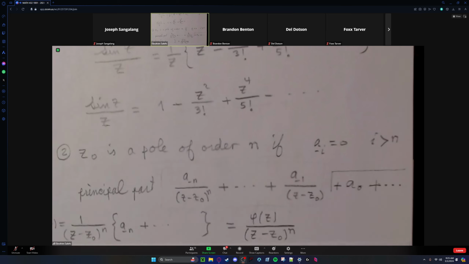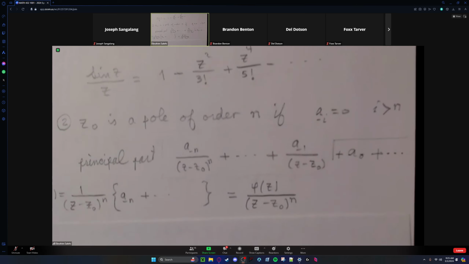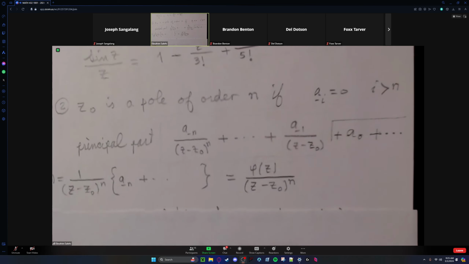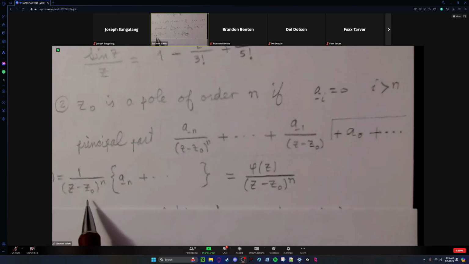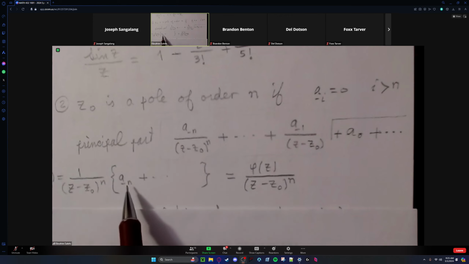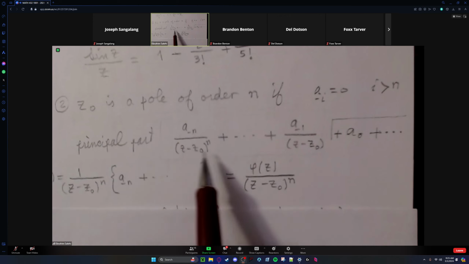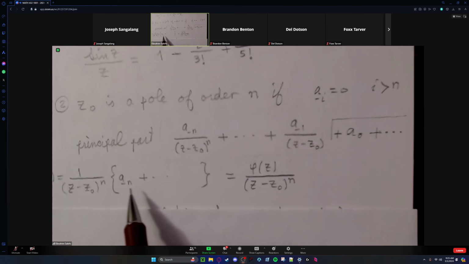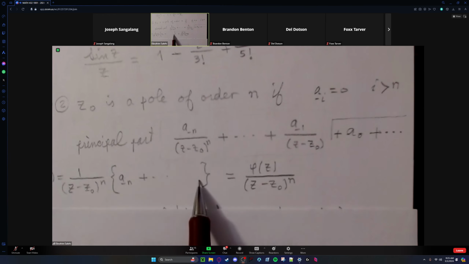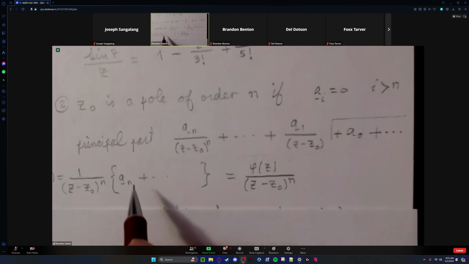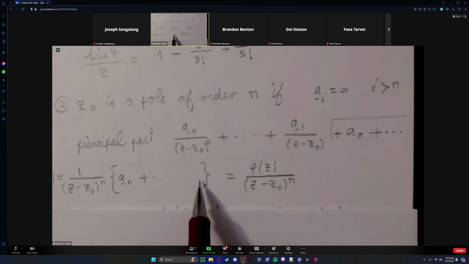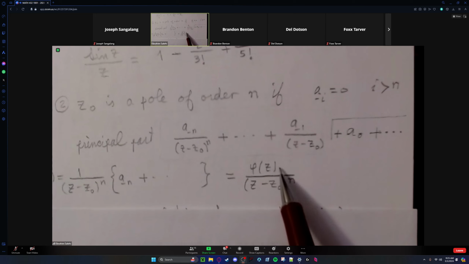If it is a pole of order n, we factor this. Everything that we get, if we factor this, will be a constant here, and all of the rest will be positive exponents of z minus z naught, which is analytic. So we can write it in this fashion.